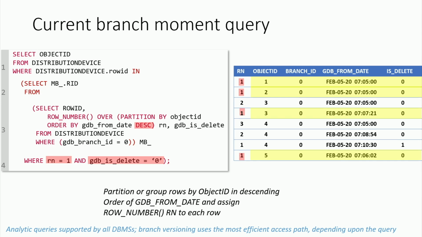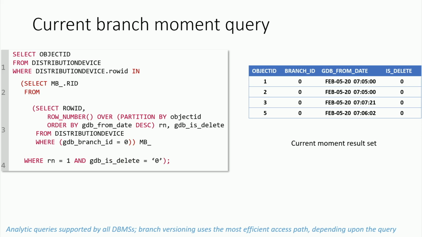Row number 1 for object ID 4, the next to bottom row, is a delete. We deleted that thing at 7:10 in the morning on February 5th, 4 years ago. So that's why the result of this query on this little toy data set will be 4 records. That's the result.